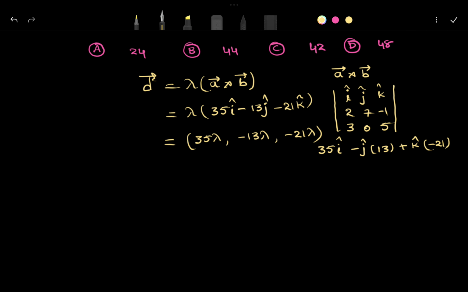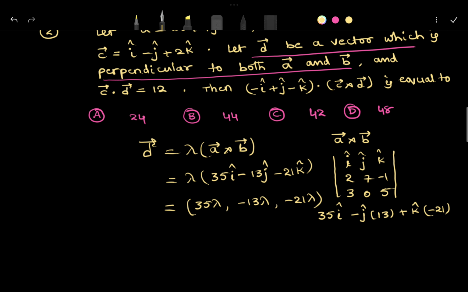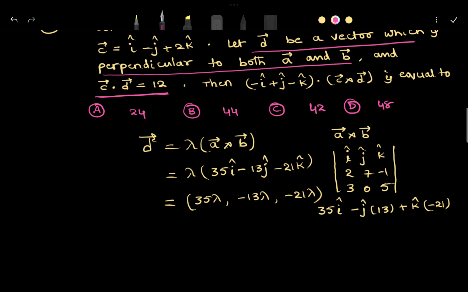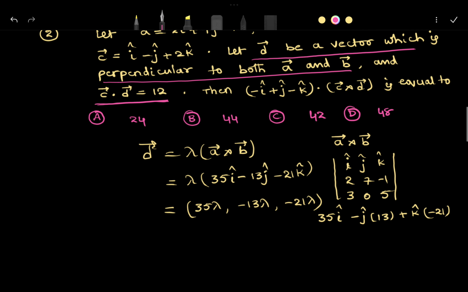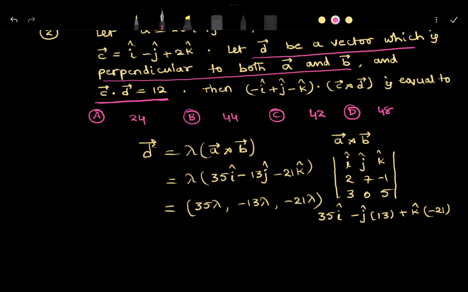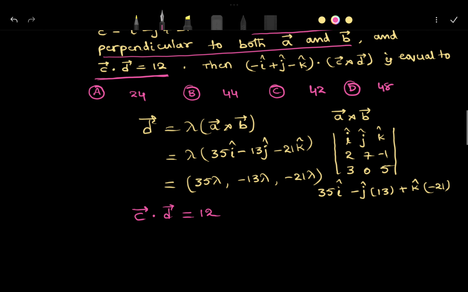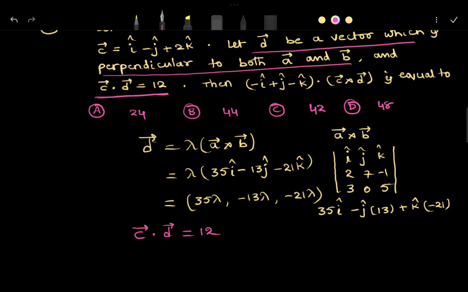Next you see in the question, c dot d is equal to 12 is given. So c bar dot d bar is equal to 12. Now c bar will be nothing but i minus j plus 2k.